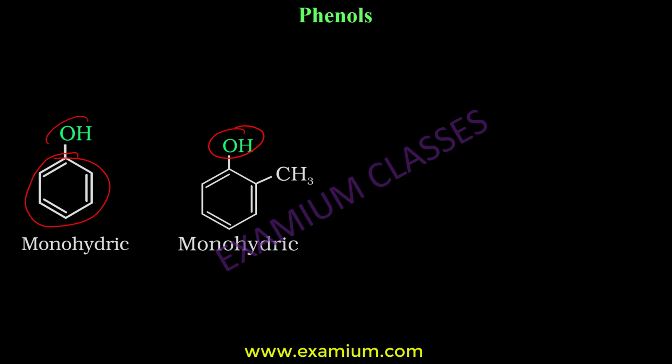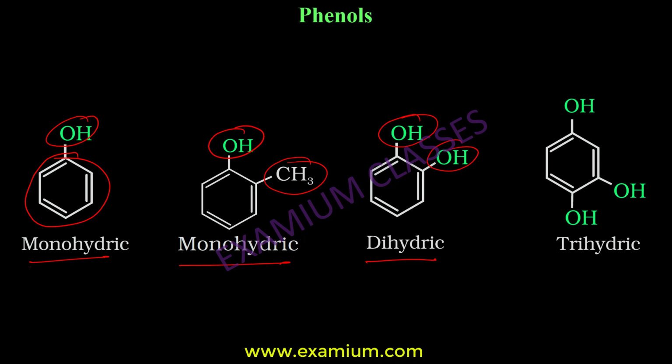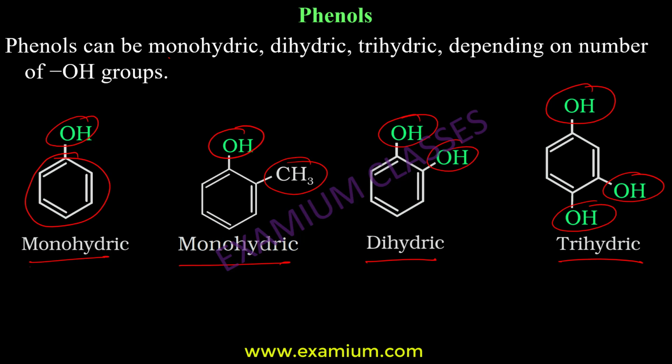Benzene ring can have other alkyl groups, other groups also attached to it, okay? But if one OH group, it is monohydric. 2 OH groups, dihydric. 3 OH groups, trihydric. So phenols can be monohydric, dihydric or trihydric depending on the number of OH groups.